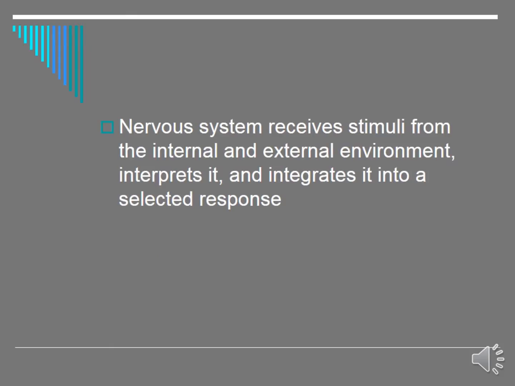Remember that the nervous system receives stimuli from both the internal and the external environment. It interprets that stimuli and then integrates some selected response from that stimuli. It basically works to provide communication between organs.